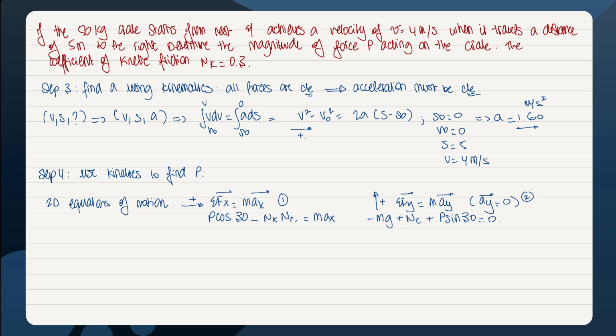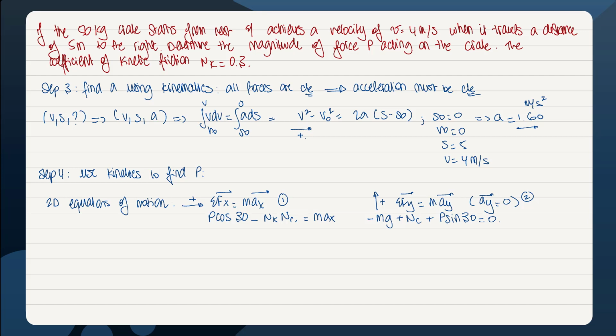Writing down the different forces, we have the force P along the x-axis, that's P cosine 30, minus the frictional force, which is mu_k N_C, equals max. The second equation along the y-axis, sigma Fy is equal to may. We have the weight in the negative direction, minus mg, plus the normal reaction, which is positive, N_C, plus the projection of P onto the y-axis, which is also positive, P sine 30.